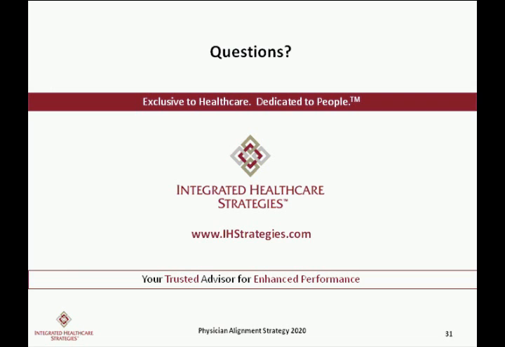Build in metrics of performance, build around those metrics of performance substantial recognition and reward, and we think you'll find it much easier to sustain physician engagement that you will need to have success on your journey toward clinical integration. We'd like to go to a short time for questions, and thank you very much for all that you're doing in your local markets to strengthen healthcare and to enhance physician alignment.